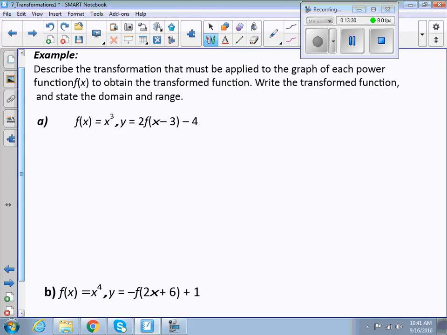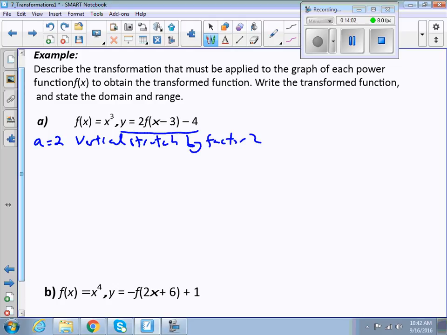So describing the transformation, what's happening: you can see it says that f of x is x cubed, and our transformed function is y equals 2 f of (x - 3) - 4. So let's write out what each of our values are. My A is 2, which shows a vertical stretch by a factor of 2.